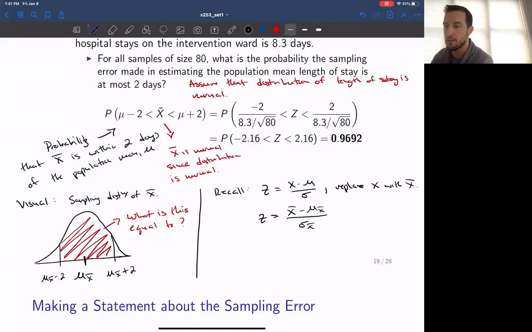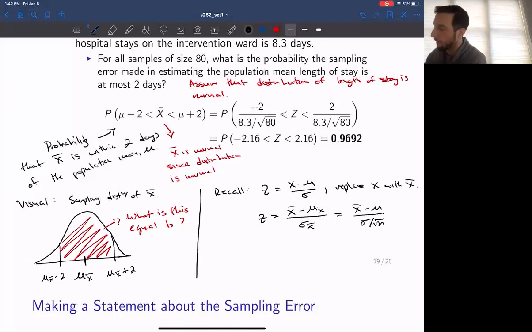So standardization is simply the process of subtracting your mean and dividing by your standard deviation. And this is basically what we do in hypothesis tests. When we compute a test statistic, that's really just a standardized mean. So now we're going to have x bar minus mu over sigma divided by the square root of n, because of the properties that we established beforehand when talking about the sampling distribution of x bar.